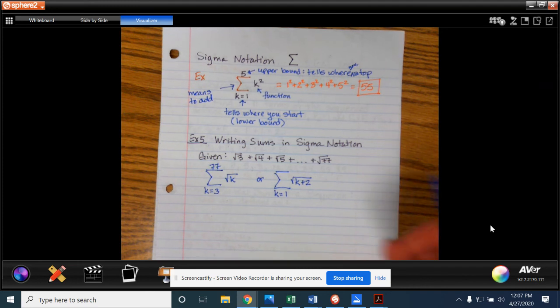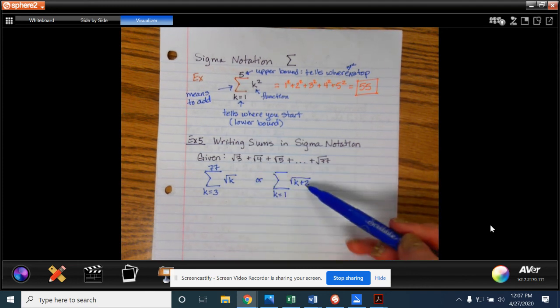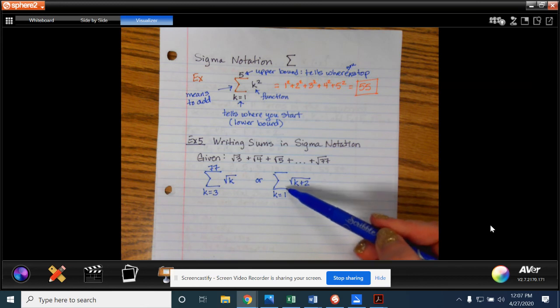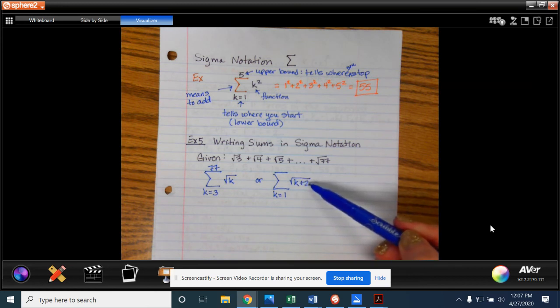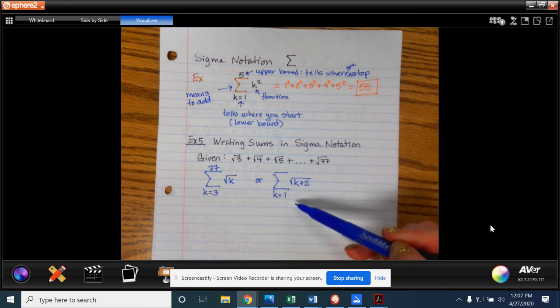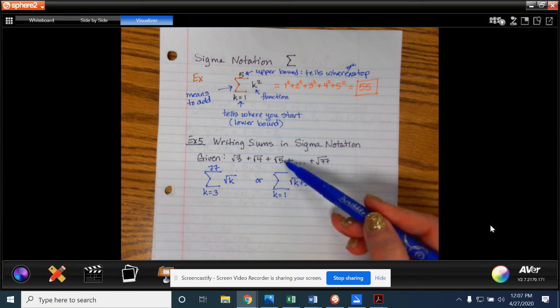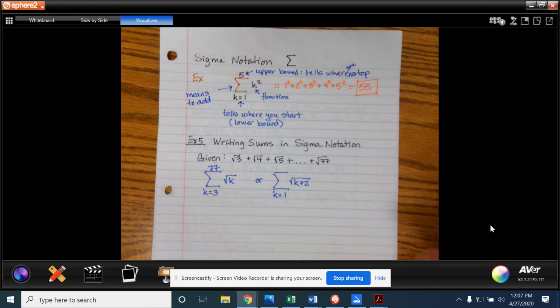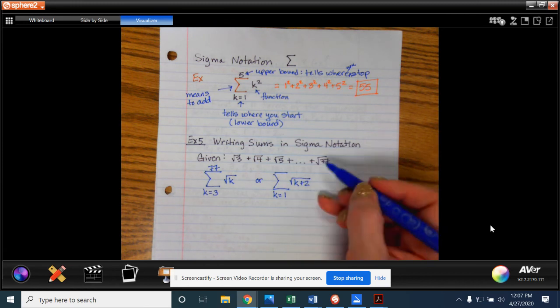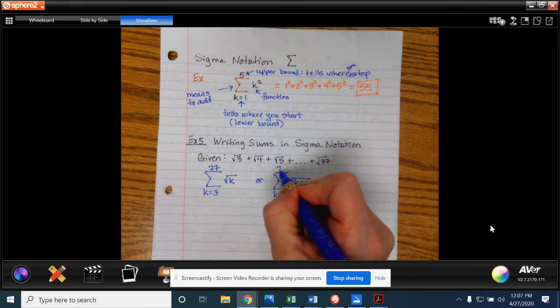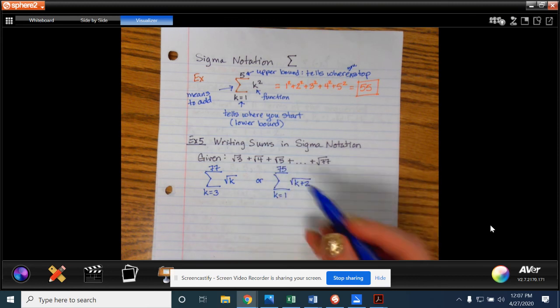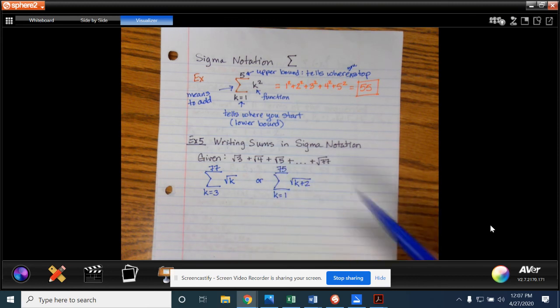We'll try it out. Okay, 1 plus 2 is 3. If k was 2, 2 plus 2 is 4. If k was 3, I would have 3 plus 2, which is 5 for position 3, and so forth. So what's our highest? Well, our highest that we could go is 75, because 75 plus 2 would give me 77.